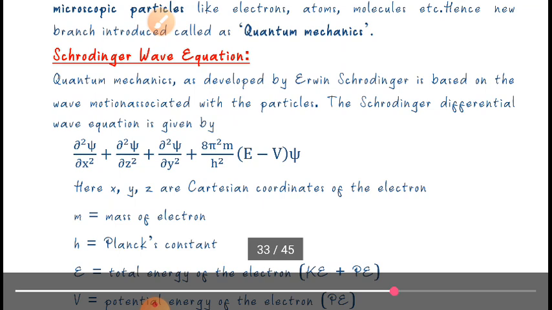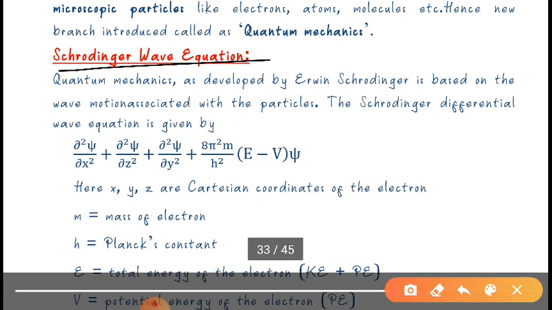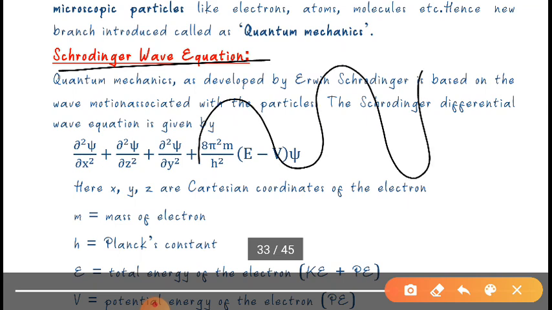Schrodinger proposed that if the electron has a wave-like nature, it should obey the same equations of motion as all other known types of waves obey. Whatever characteristics a normal wave shows, if the electron is wave-like, it should also obey the same equation of motion.